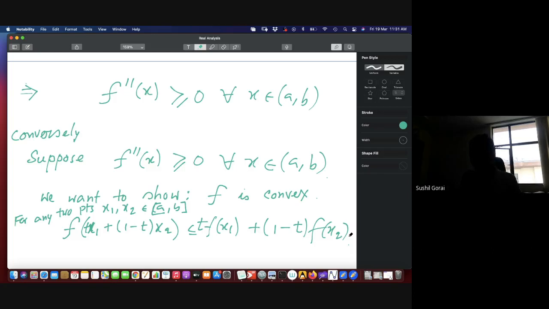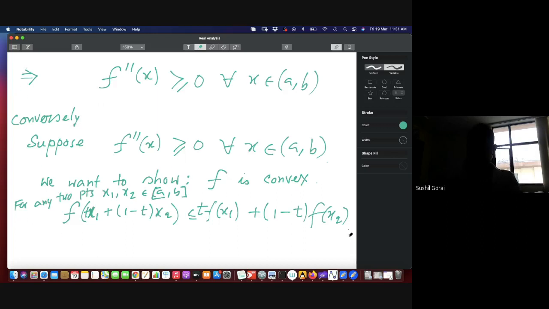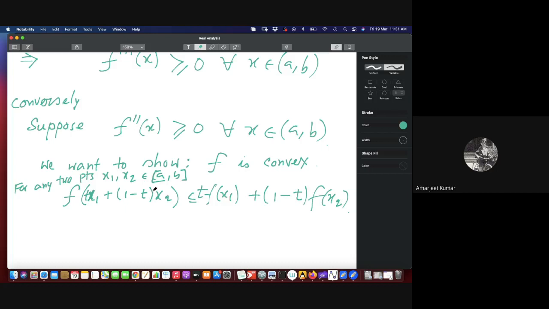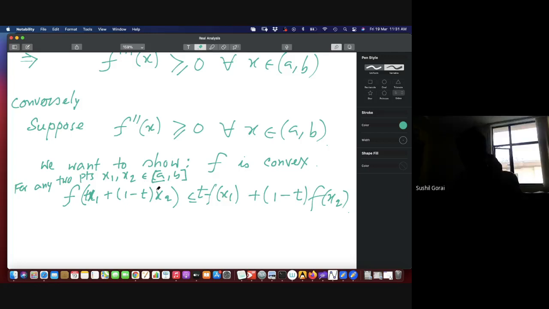All right. So how do you proceed? Taylor expansion, right? So we'll look at Taylor expansion, but you need to define another function, the chord one. So the point is here.